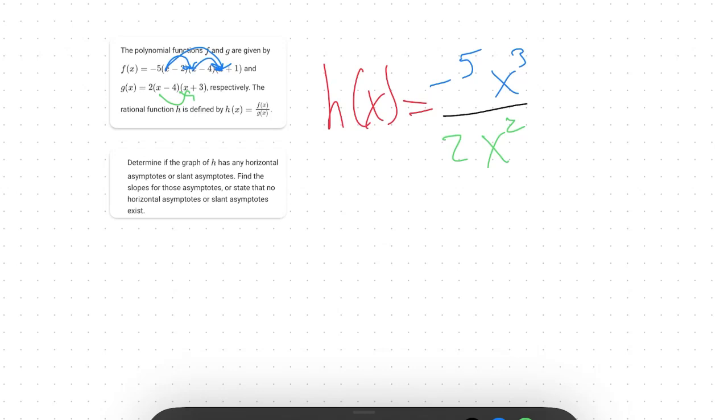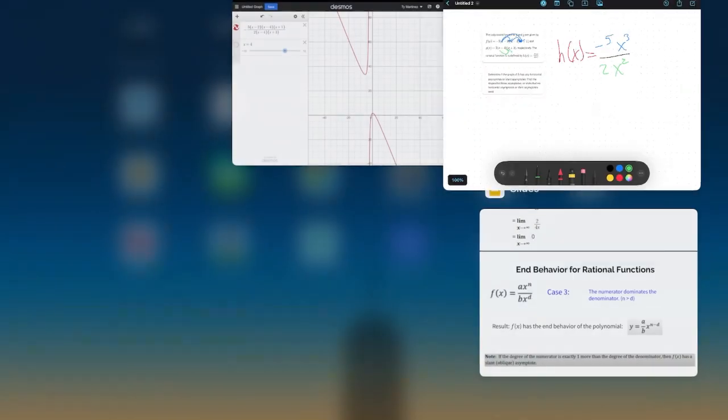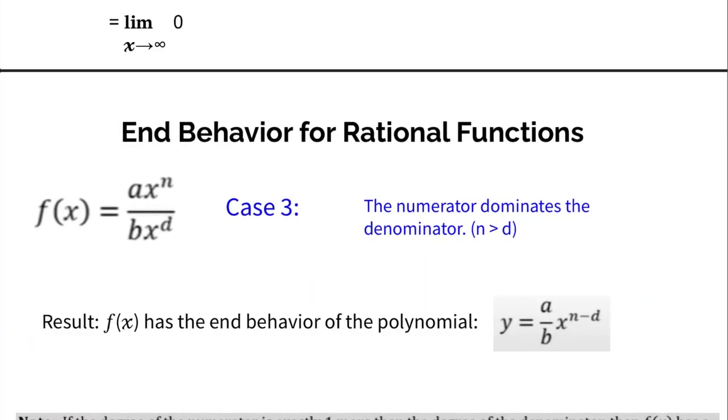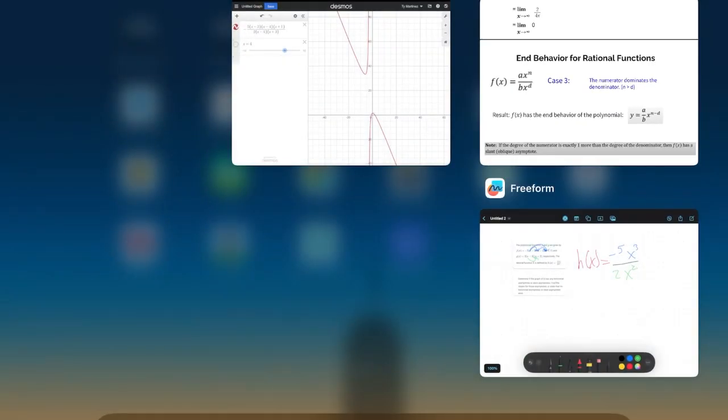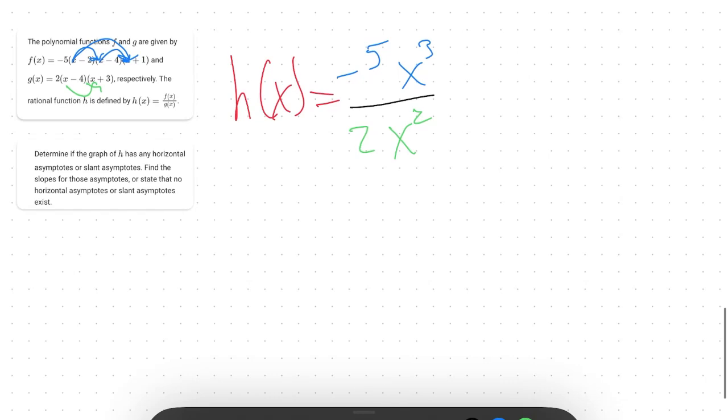So here, where the top is larger than the bottom, that is case 3. The numerator dominates the denominator. N is larger than d. And then look at that little note right there. If the degree of the numerator is exactly one more than the degree of the denominator, then f of x has a slant asymptote. And this result is just saying that it's a over b times x to the power of n minus d, if you want me to show you exactly that.